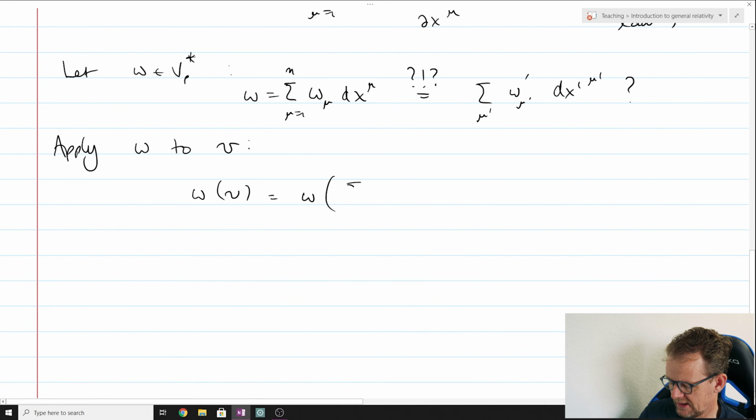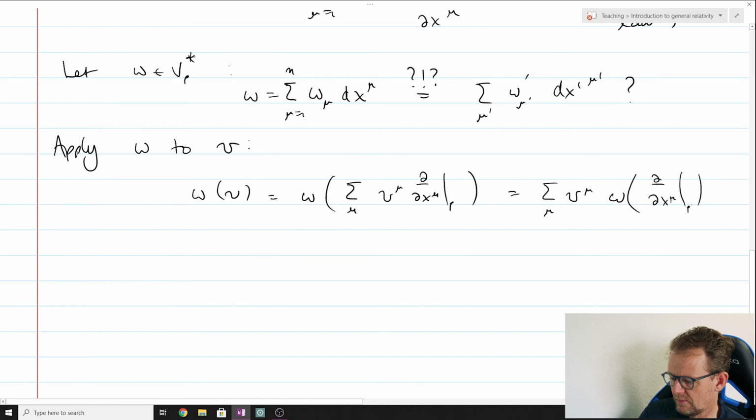But now let's expand our tangent vector in terms of our coordinate basis that comes from this chart that we've decided to focus on. Omega is a linear function, so I can push it past the summation symbol here. And remember, these funny dx^mu's at p are just formal elements of a vector space. Now omega eats vectors and produces numbers, and what number does it produce?